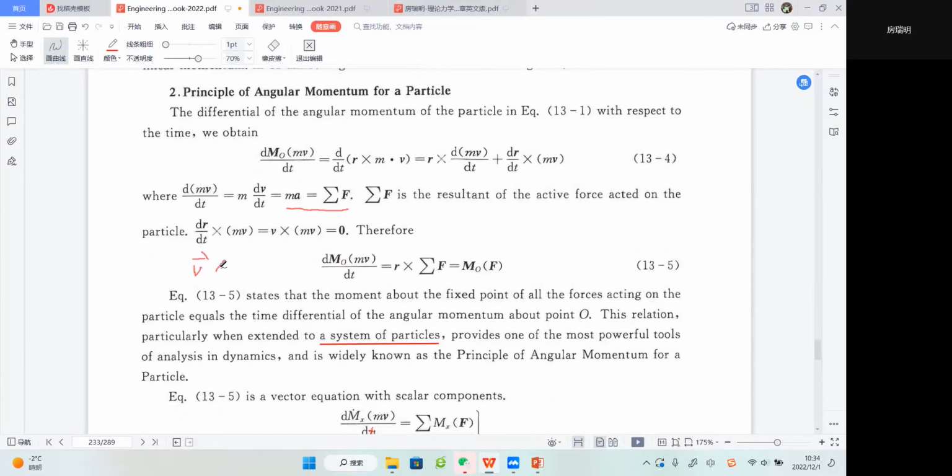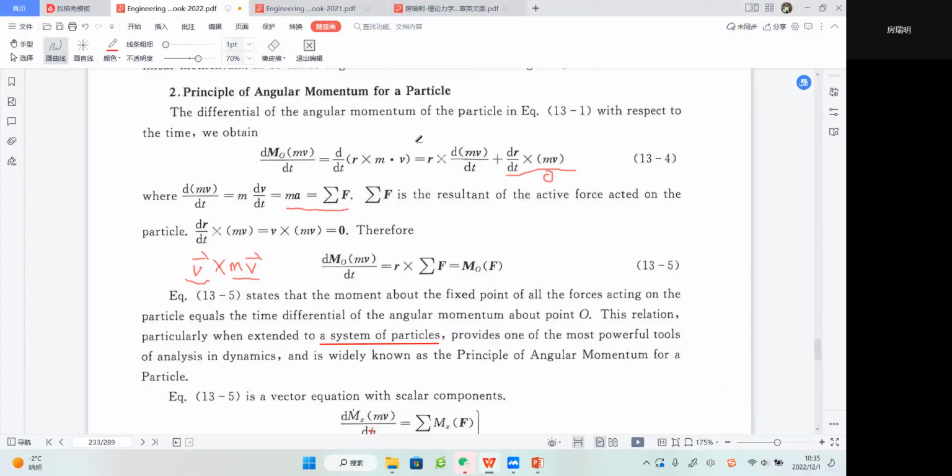When we do the cross product with mv, you can find this vector direction is the same as this vector direction. It's just scaled a little bit by the value m. That means the two vectors of this cross product have an intersect angle of 0, so this part will be 0. That means the whole part will be 0.